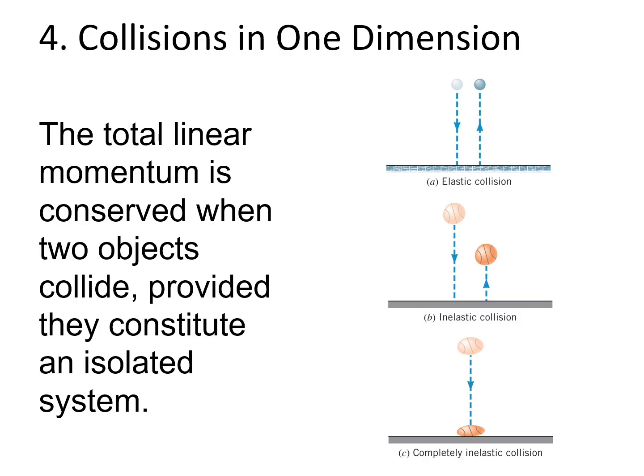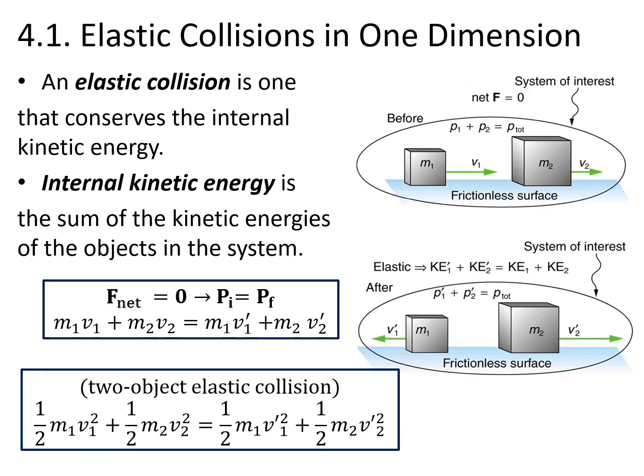Now let us define the first collision type, elastic collisions. An elastic collision is a collision in which the internal kinetic energy of the system is conserved. Internal kinetic energy means the total kinetic energy of the objects inside the system. For two objects, it is the kinetic energy of object 1 plus the kinetic energy of object 2.